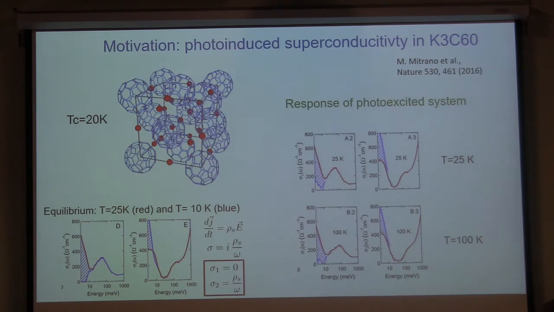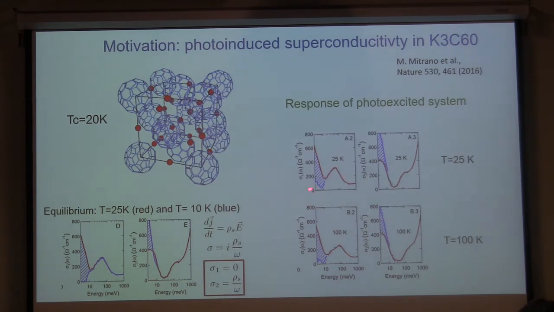And then what was found in experiments is that when they send light which is not resonant with the energy of quasi-particles, but rather resonant with phonons, as we'll see in a second, they can see very similar signatures as in equilibrium, but now at higher temperatures. Here it's a temperature noticeably above Tc.